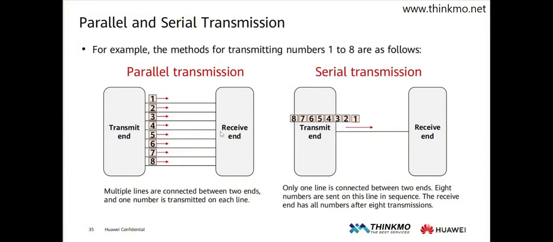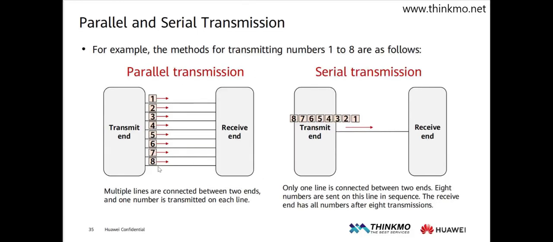The disadvantage is that it requires multiple transmission lines, so the cost will be relatively high. And there might be interference between the lines, which means the layout and maintenance of the lines will have higher requirements, relatively speaking, because there are 8 lines. As shown in the picture, we have 8 lines, which is equivalent to transporting from the warehouse on the left to the warehouse on the right.